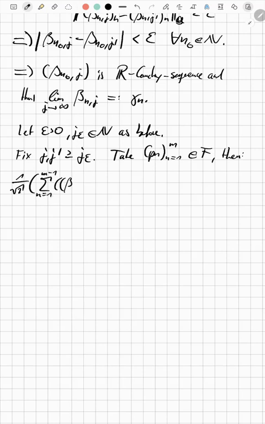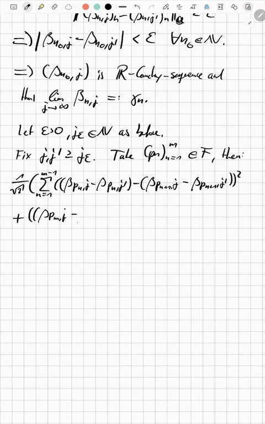We have beta p n j minus beta p n j dash minus beta p n plus 1 j minus beta p n plus 1 j dash squared plus beta p m j minus beta p m j dash minus beta p 1 j minus beta p 1 j dash squared, and this all in the square root.